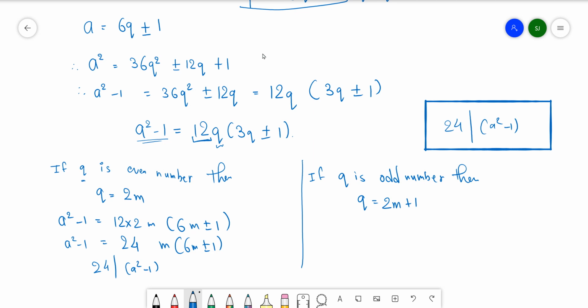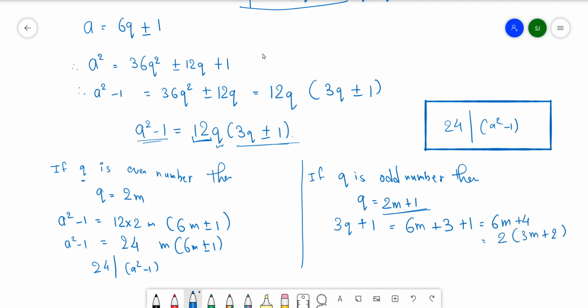Now I'll think about this number, 3q plus or minus 1. Let me just think about 3q plus 1 first of all, then we'll think about 3q minus 1. So 3q plus 1, I will multiply this by 3, it is nothing but 6m plus 3 plus 1, that is 6m plus 4, that is 2 times 3m plus 2.